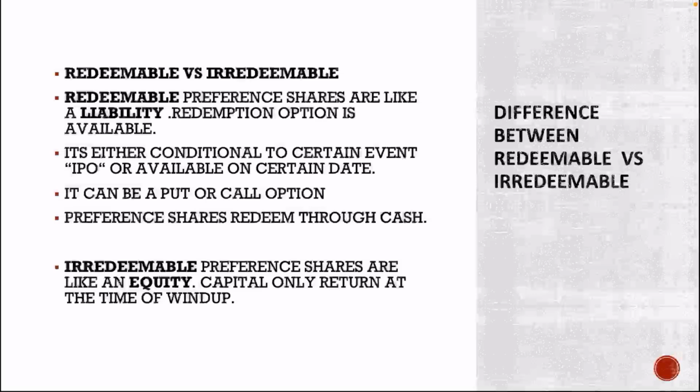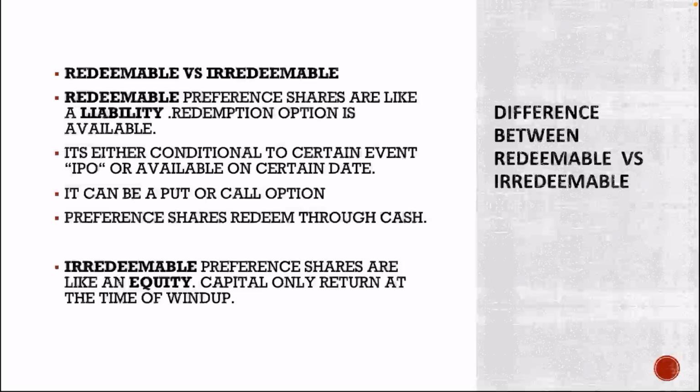The company is already going for an IPO. They can have the cash from ordinary shareholders, whom they will pay dividends whenever the company has cash. Why should I keep an interest liability? So they can exercise the option and call the preference shareholders who have a redeemable option.